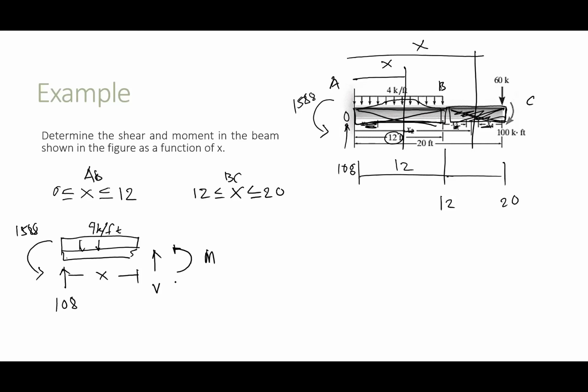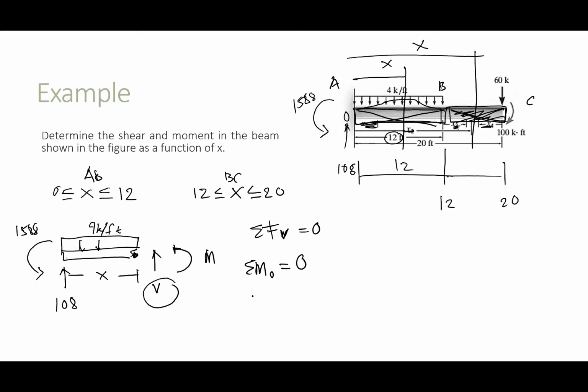Tapos, similarly, magkakaroon dyan ng internal shear and internal moment. Now, how do we get the value of your V? Summation of forces vertical lang, equal to 0. Tapos, yun na, makukuha nyo yung V in terms of X. Then, mag-moment kayo sa point na to. Summation of moment equals 0.